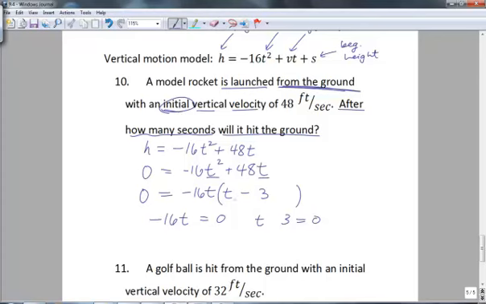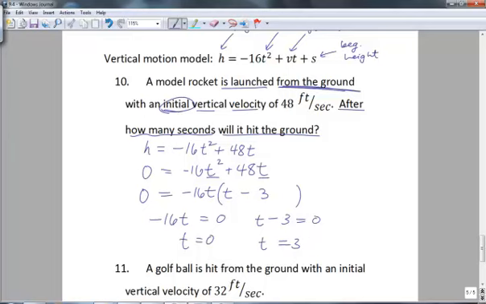This middle term should end up being t minus 3. The reason for that is we factored out a negative. If we factor a negative out of a positive, we're essentially dividing that positive by the negative, and so we'll end up with a negative 3 here. So it should be t minus 3 equals 0. So we end up with t equals 0, t equals 3.